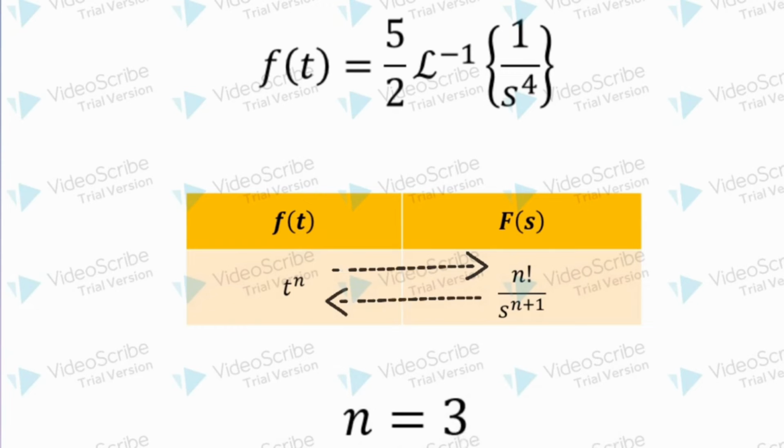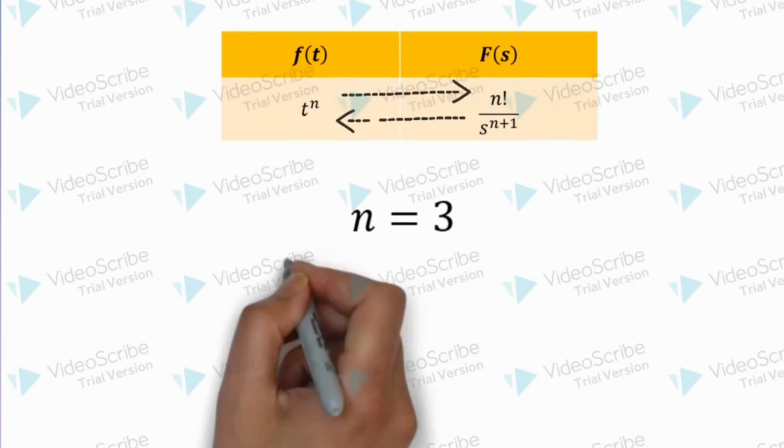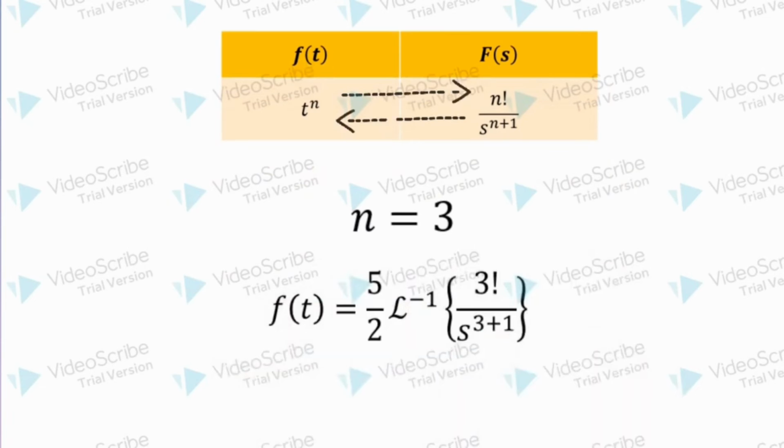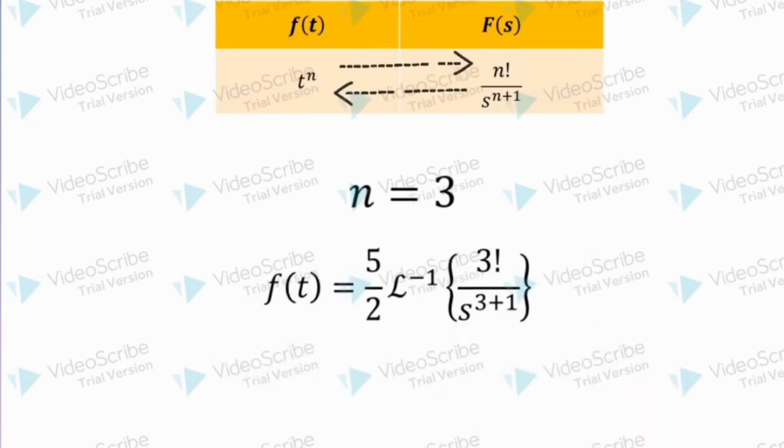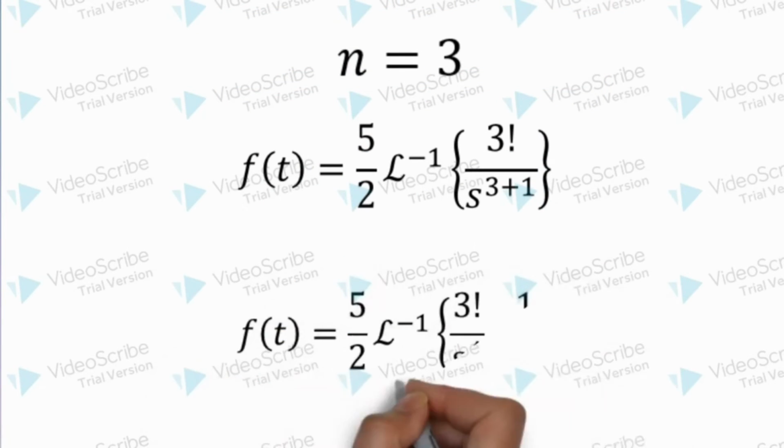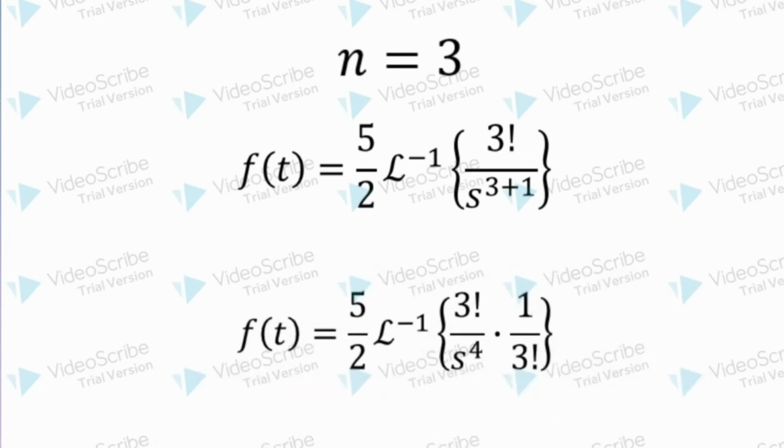Referring to the equation, n is equal to 3. Before directly converting to the t function, please multiply the equation by 3 factorial over 3 factorial so that it looks like we didn't change the original question.